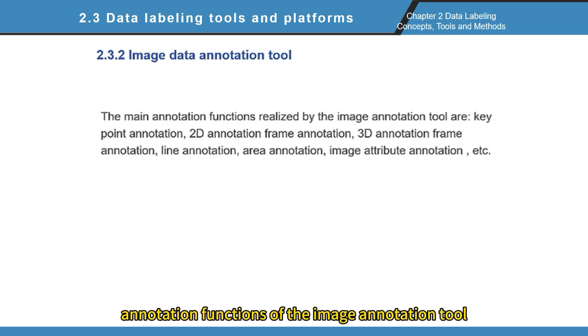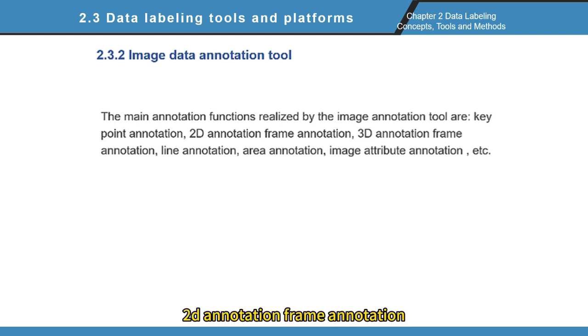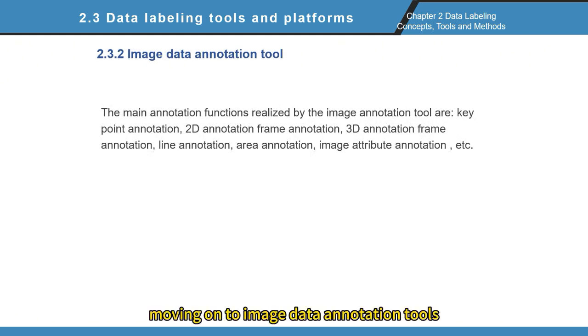The main annotation functions of the image annotation tool include keypoint annotation, 2D annotation frame annotation, 3D annotation frame annotation, line annotation, area annotation, and image attribute annotation. Moving on to image data annotation tools. These tools are versatile and perform several key annotation functions.